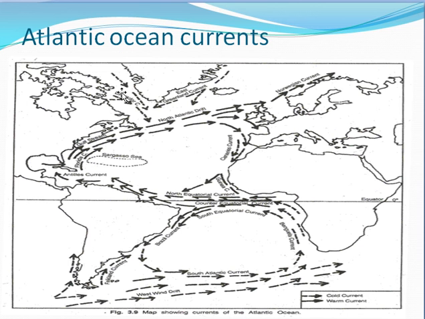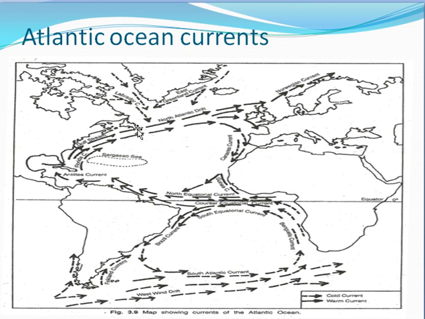Remember one thing, the Labrador current is a cold current, so it is joined here near Newfoundland. Newfoundland is a main fishing zone, because the nutrients brought by the cold current and the warm current are found here, so all the nutrition is found here, hence this is the fishing zone.